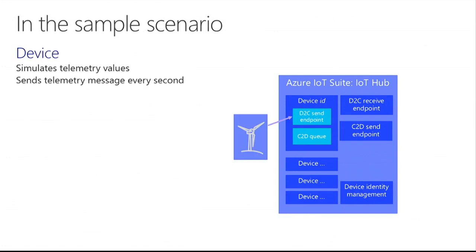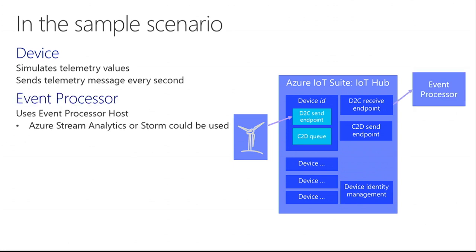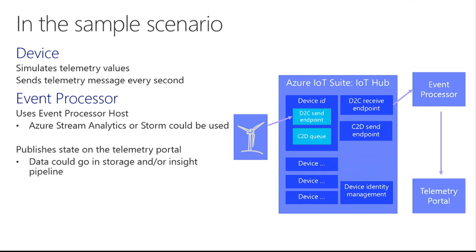In the sample, the simulated devices simulate telemetry values and send telemetry messages every second. An event processor that is implemented with the event processor host then receives these messages and publishes the state on the telemetry portal.